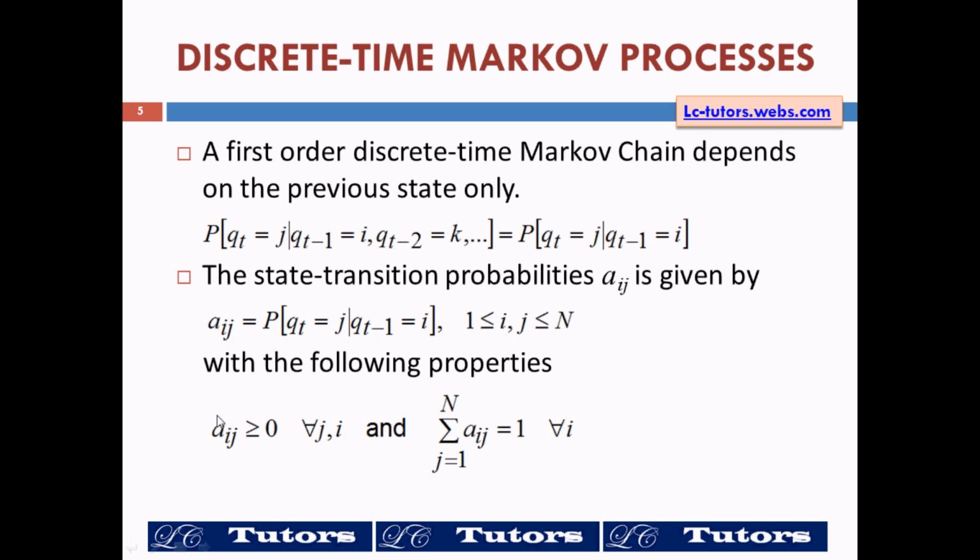For all i and j, aij, the transition probability, is always greater than or equal to 0, it's a probability. And also if you sum up all the transition probabilities from 1 to N, it should be equal to 1 for all the nodes in the Markov chain.